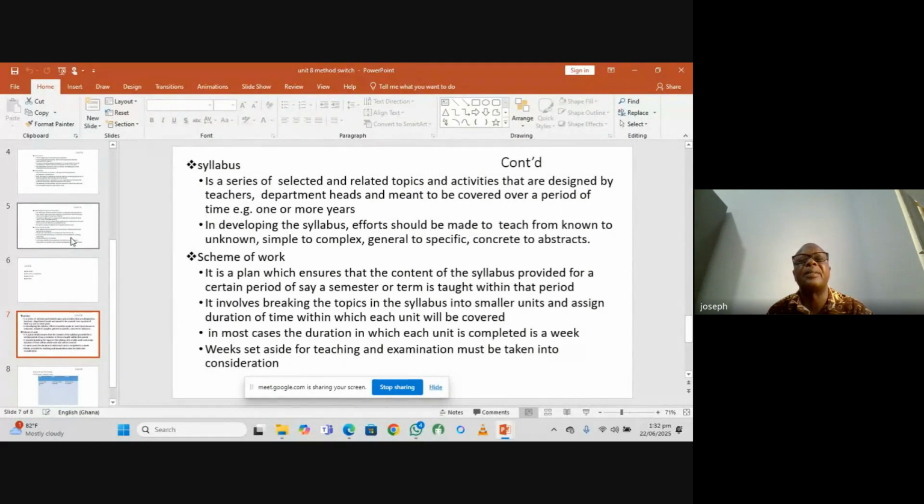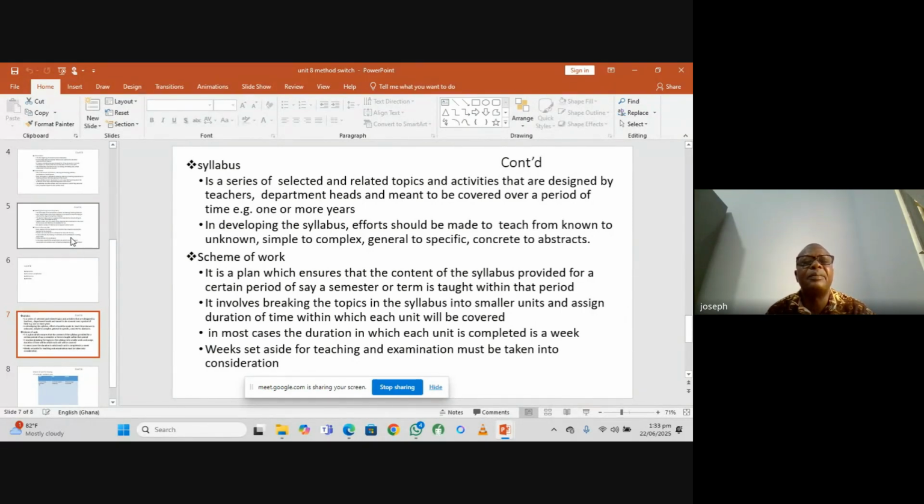A syllabus is a series of selected and related topics and activities that are designed by teachers and department heads, meant to be covered over a period of time, for example, one term, one year, or two terms. In developing the syllabus, efforts should be made to teach from known to unknown, simple to complex, general to specific, concrete to abstract, and what have you.